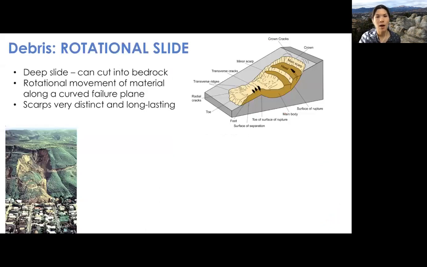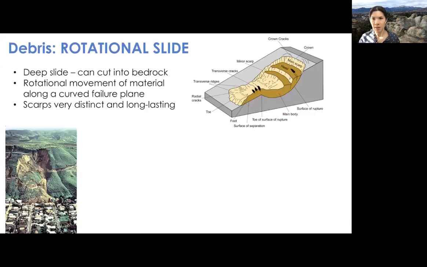Okay, so another type of slide that uses debris is a rotational slide. And this can include the soil, it can include some regolith, usually doesn't include too much bedrock. However, these are deep slides, so they could potentially cut into that bedrock. They're characterized by a rotational movement of material.